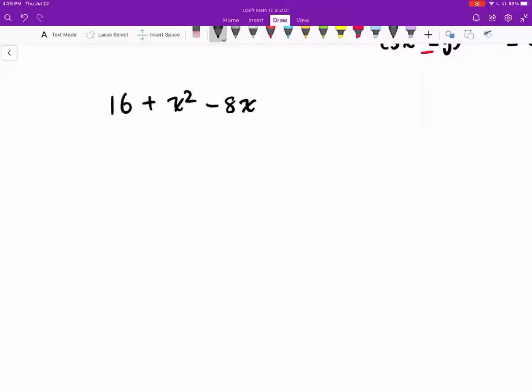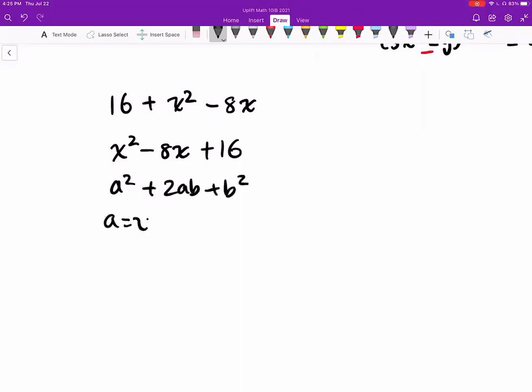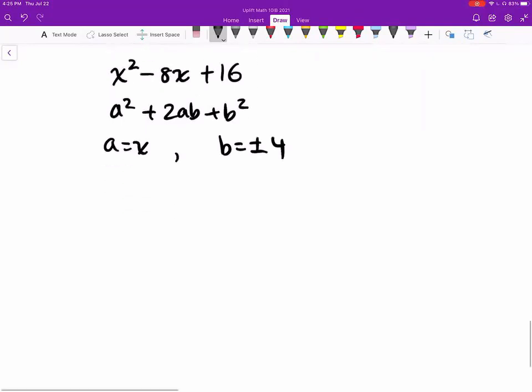To solve this one, what we can do first is organize it in descending degree. So we see that x squared goes first, and then we have negative 8x, and then we have plus 16. Then we can match up the a and b terms. In this case, a will be x, and b will be plus or minus 4.